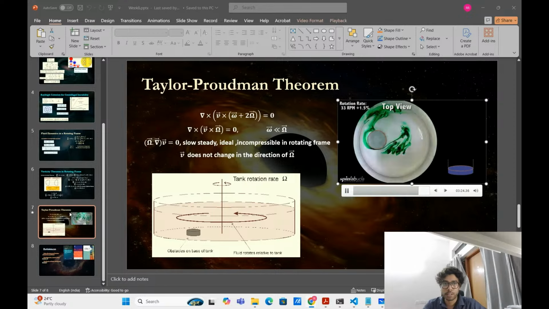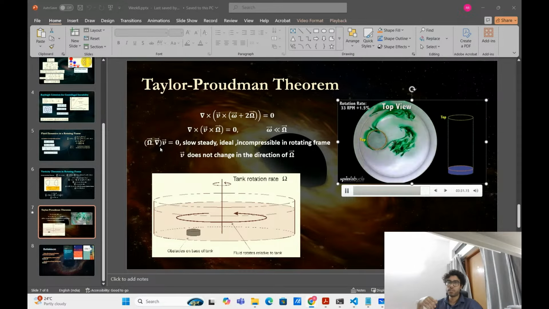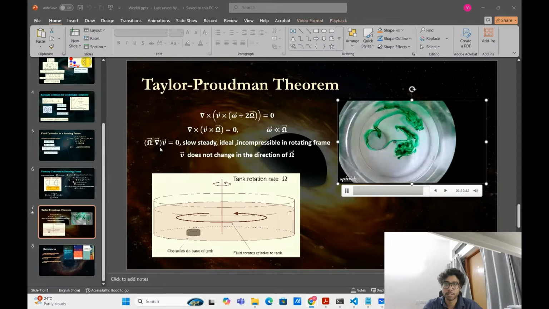That is the cause of the Taylor-Proudman theorem, because along a given column in the direction of the rotation axis, the fluid cannot have different velocities at different parts.